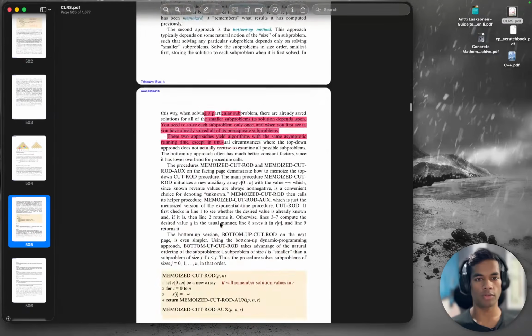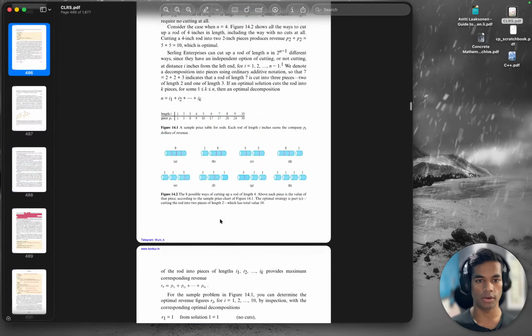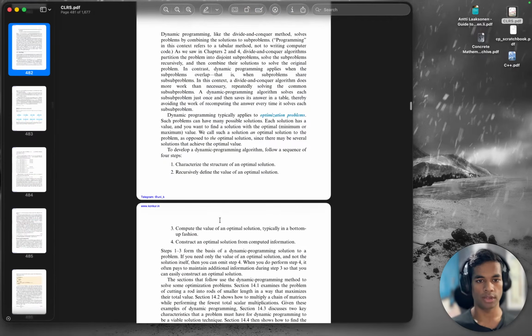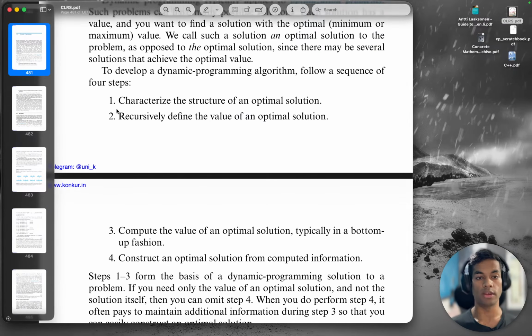And we also know about the four things we do when we want to find the answer to a question using dynamic programming. Those four things are: characterize the structure of an optimal solution, write down what an optimal solution would look like, and recursively define the value of an optimal solution.